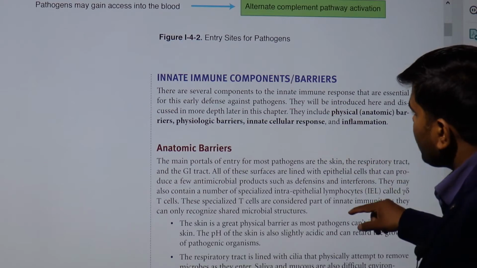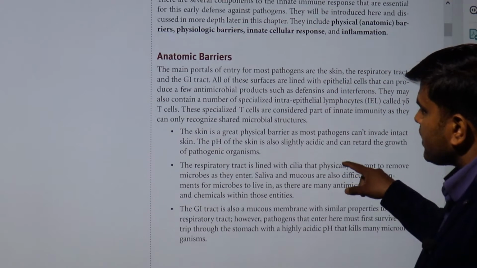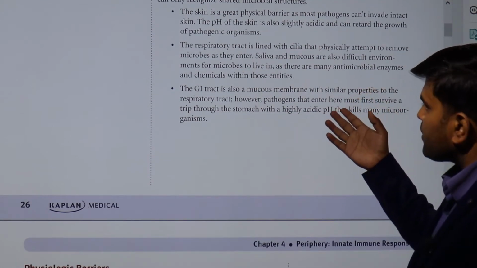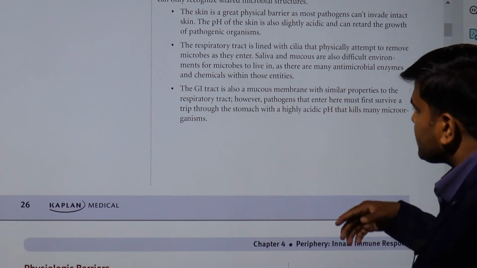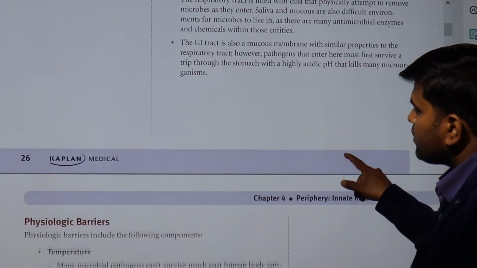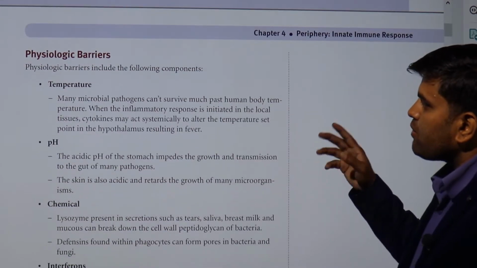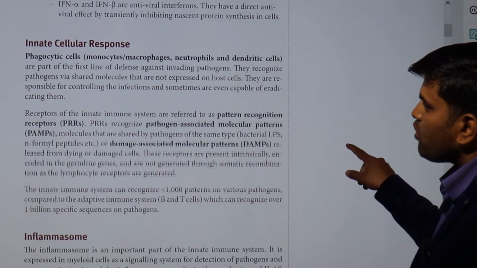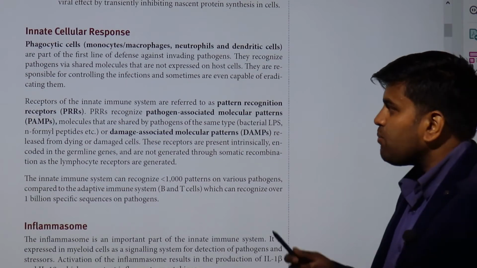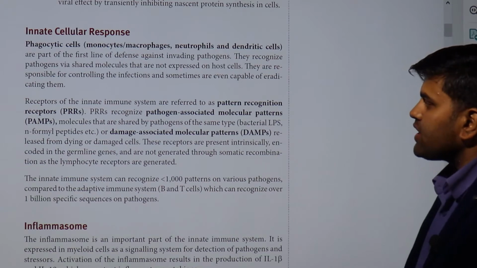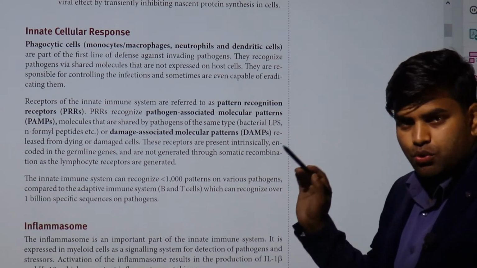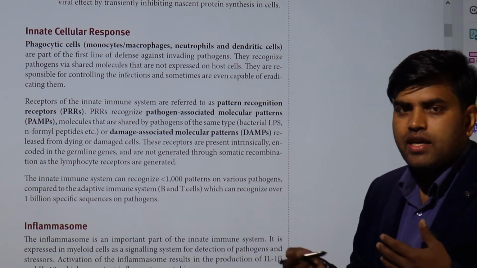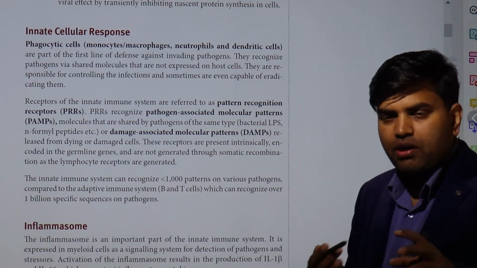Talking about the innate immune components, we have talked about the anatomical barriers like skin, respiratory tract epithelium and GI tract epithelium, and the gastric pH as well as respiratory epithelium cilia that propel out all the microorganisms. Then we talked about the physiological barriers, where temperature, pH and chemical interference were there, and then the innate cellular response, with the phagocytic cells, that is the monocyte, macrophage, neutrophil and dendritic cell, that take the role when there is a breach of your skin. They go and attack those microbial pathogens.